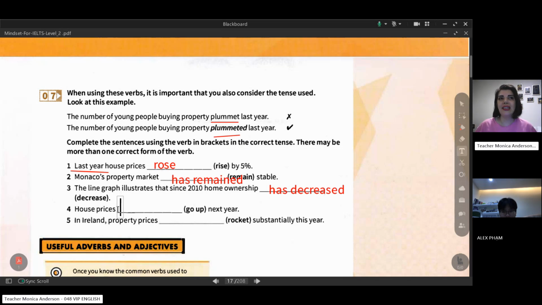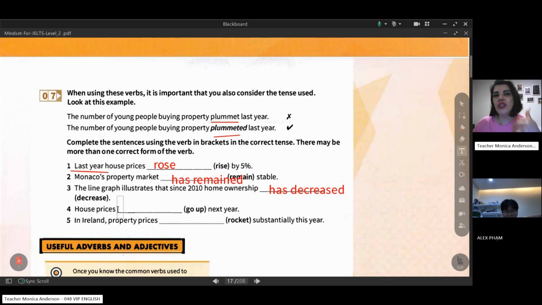You know why? As you know about will and be going to, we normally use both of them for prediction, and both are usable. But here, because we are giving information based on data that we have, it's something that we can predict, something like about 80% true.